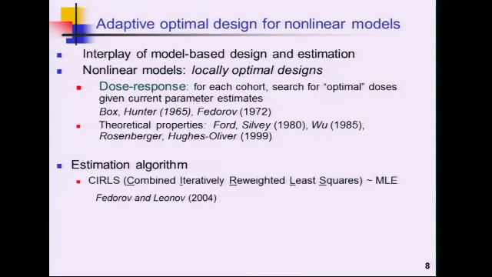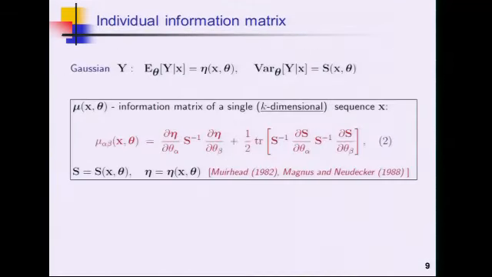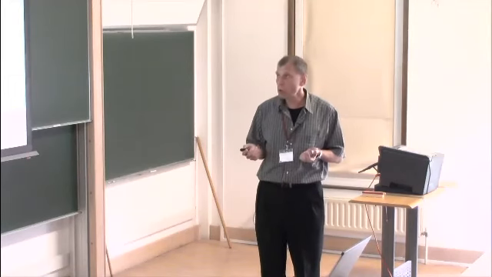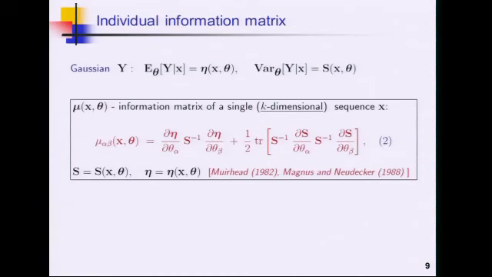I already said that the key object is the information matrix. I won't go through details of derivation of the information matrix for our models. I'll just give you one single formula which is true for a multivariate Gaussian variable. When you know the mean of your observation and the variance, there exists a closed form formula for the derivation of the information matrix of a single observation, and this observation may be k-dimensional.